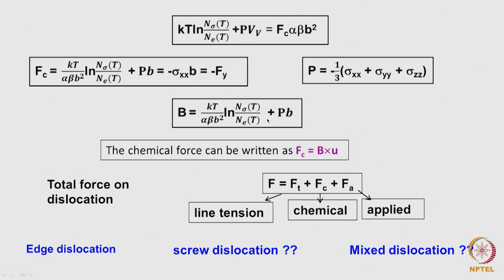And if we calculate this value, this is in energy, so this will be equivalent to a force, and that value turns out to be about mu by 20 to 100. This value of the stress generally turns out to be a few GPa.